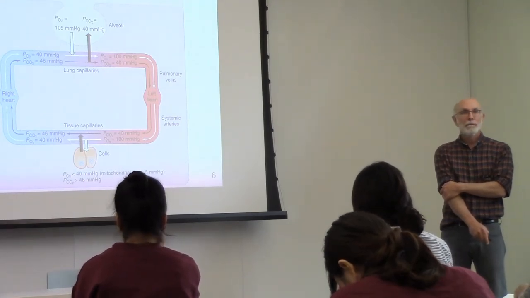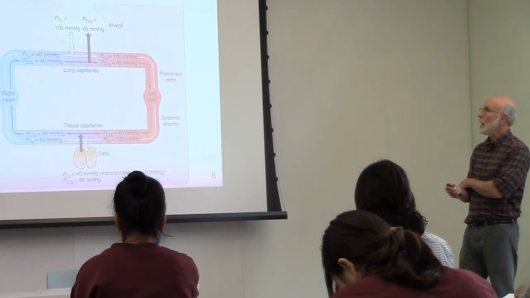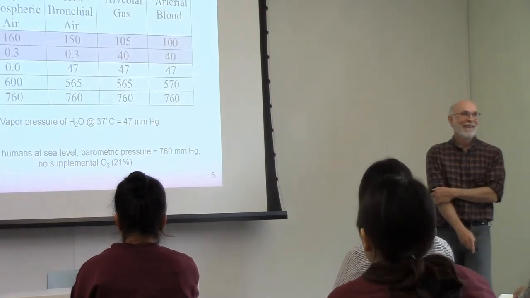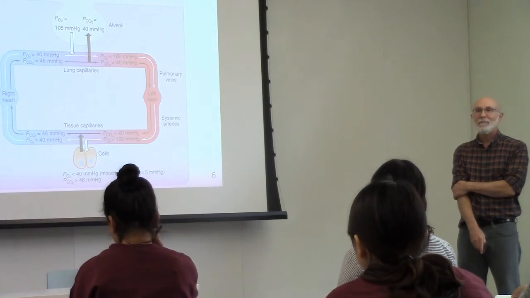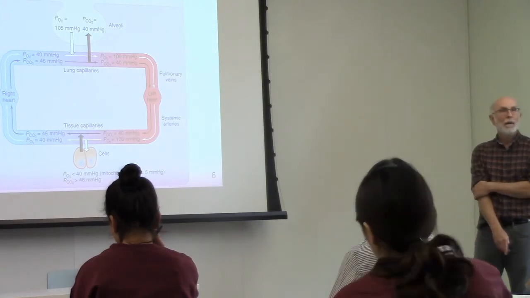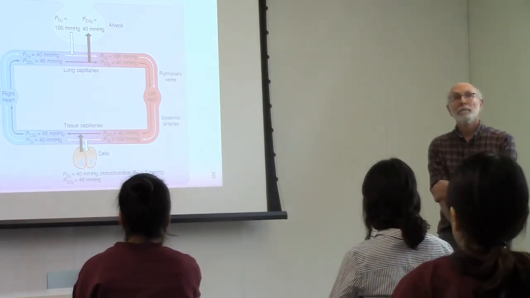It's not too bad. In medical school, they ask you to memorize all these numbers. So. 40 millimeters of mercury is the partial pressure of CO2 in arterial blood and in alveolar gas.